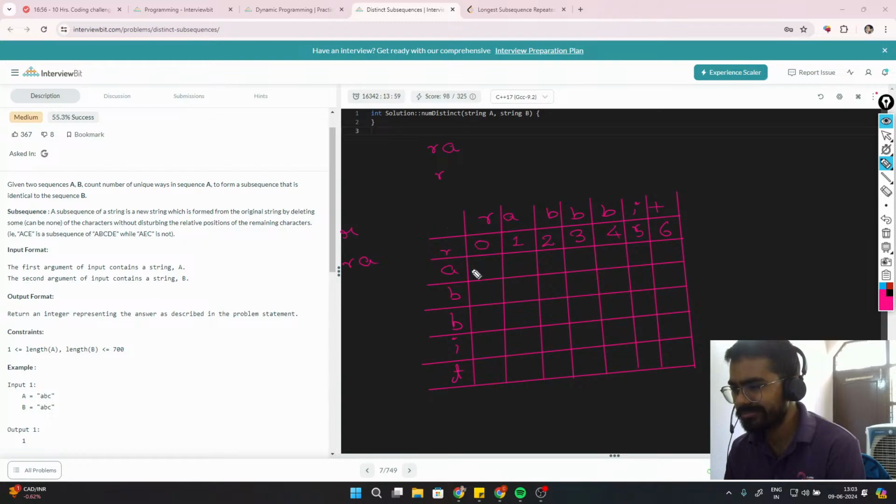AR, they did not match the max. These all will not be considered, right?